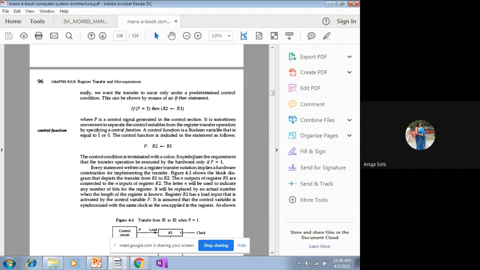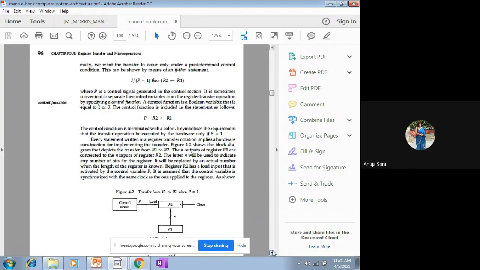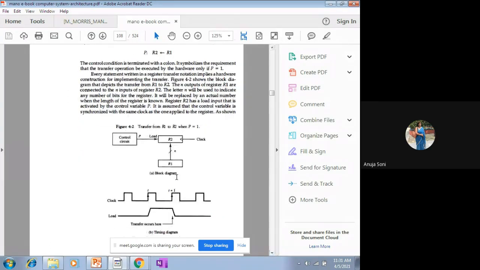In a similar manner, many other complex register transfer statements can also take place. So in the exam, what kind of question may come? You will be given such a statement including the control function as well as the register transfer statement. Based on this statement, you would be asked to draw a block diagram, explain diagrammatically how this activity will take place, and draw its timing diagram.